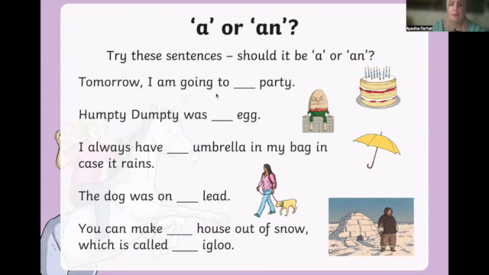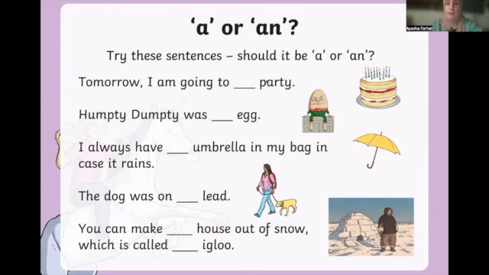Tomorrow, I am going to something party. Now, it's either a party or an party. When you use the English language a lot more, you will instantly know which one fits, which one sounds right. But using our rule, we have to look at the first letter of the word that comes after the article.